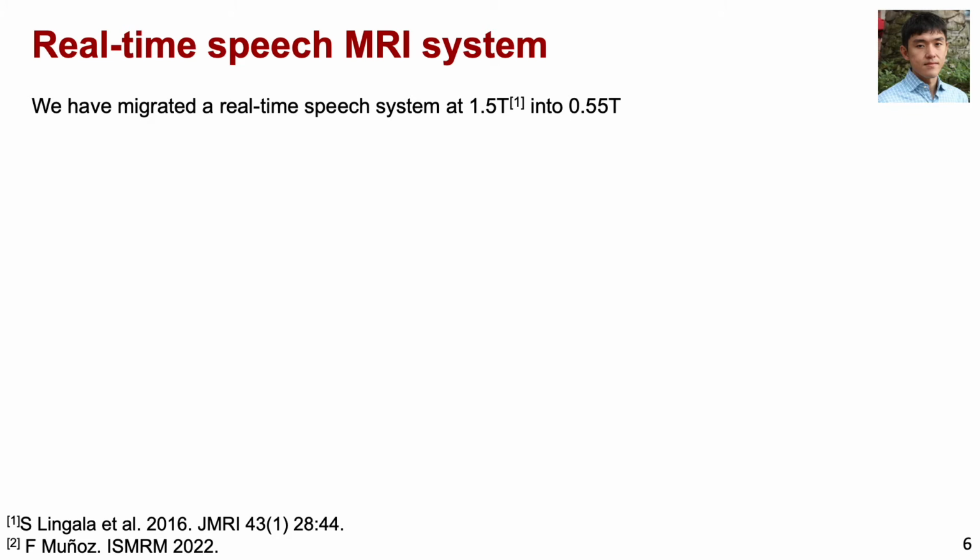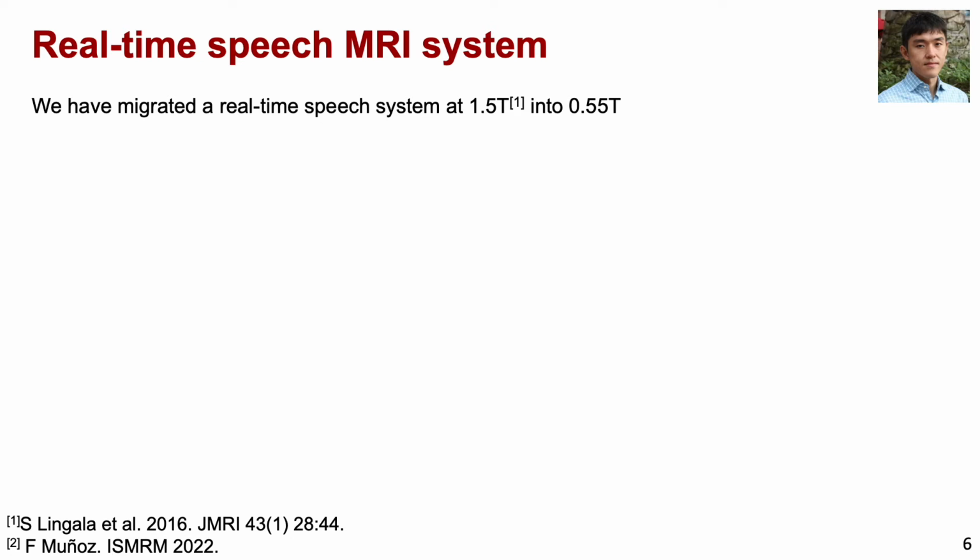When talking about real-time MRI speech imaging, here at USC we have built a very successful real-time imaging system for doing real-time speech over the past few years. But the system was built on 1.5 Tesla scanners.